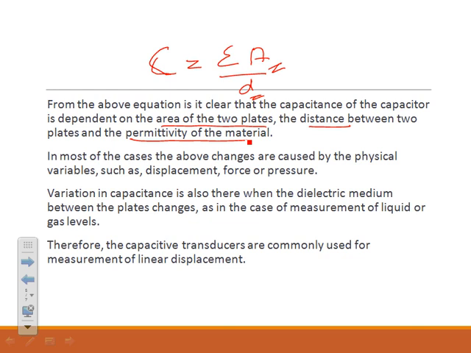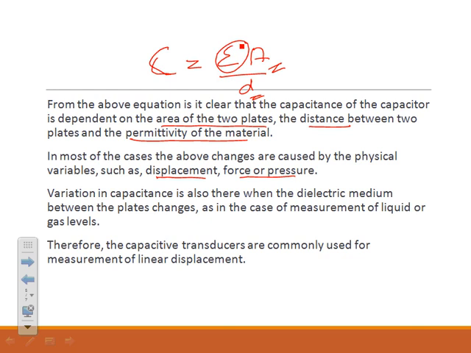In most cases, the above changes are caused by physical variables such as displacement, force, or pressure. Variation in capacitance also occurs when the dielectric media between the two plates changes, that means epsilon is changing, as in the measurement of liquid or gas levels.